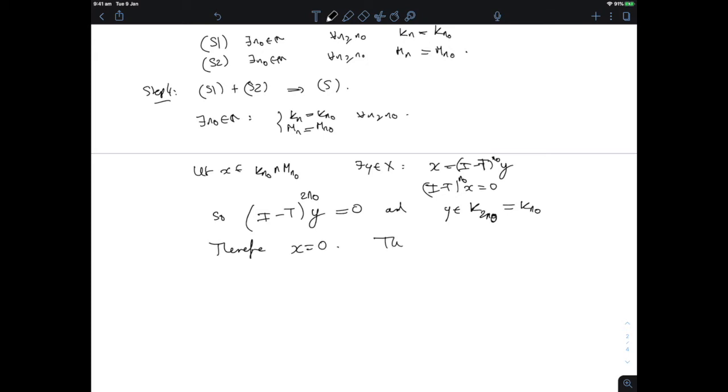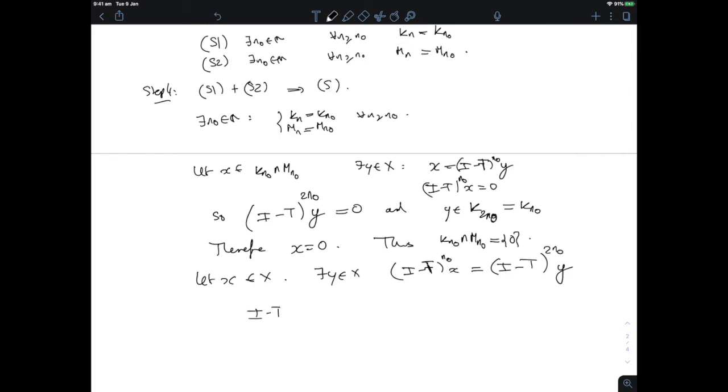Okay, so we've proven that the intersection of these two subspaces is trivial, and now we have to show that any element of X splits into one element of K_n naught plus one element of M_n naught. Now you give me an x in X, I can pick a y in X such that I minus T to the n naught of x is equal to I minus T to the 2n naught of y, because M_n naught is the same as M_2n naught. Okay, but what does that tell me?